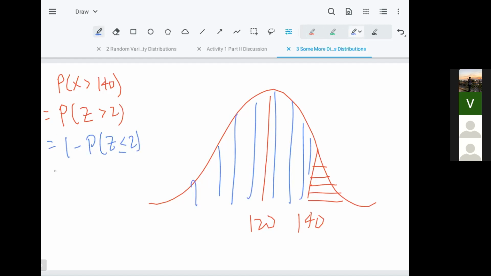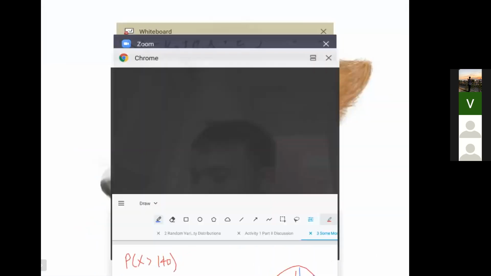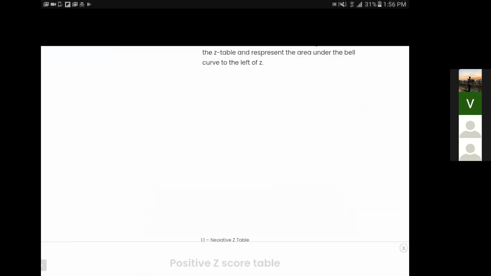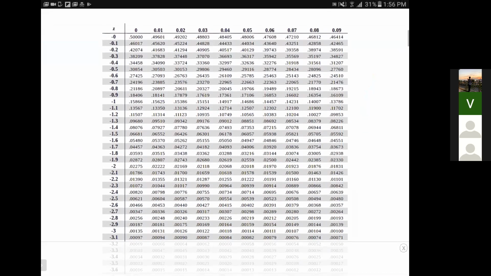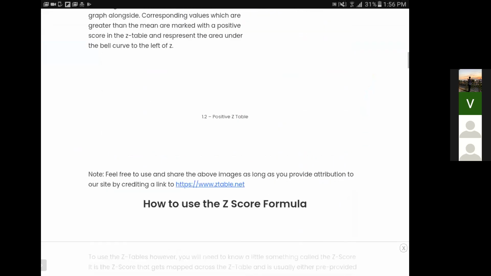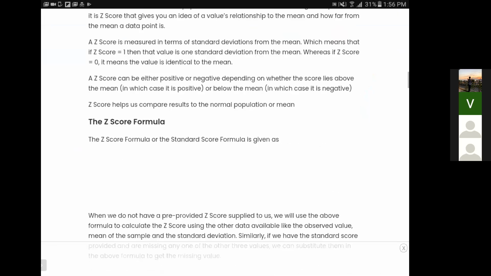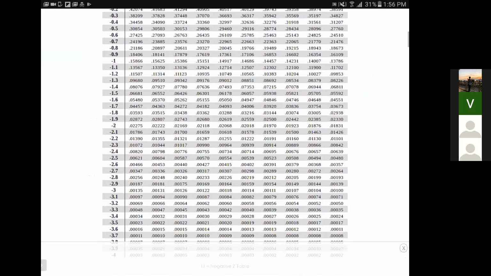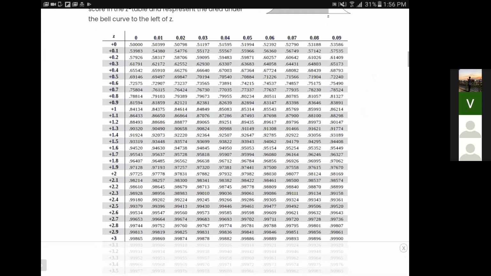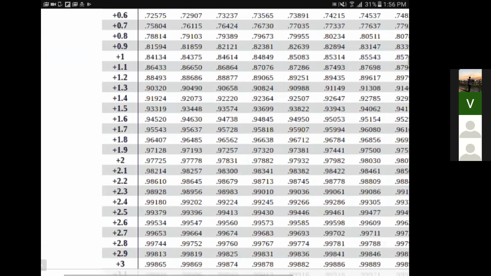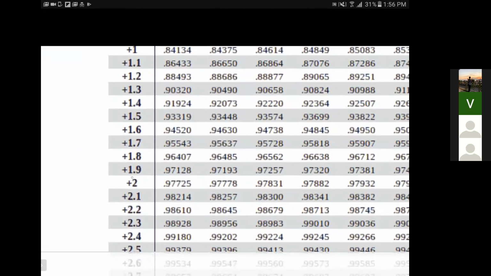So right now, we can already look for this quantity sa z-table. Ano ba yung probability associated with 2? Area to the left of positive 2. Meron tayong negative part, meron tayong positive part sa baba. Ayan, nag-load na. So, positive 2, 0.00.